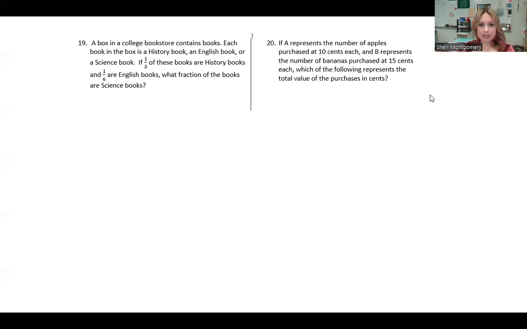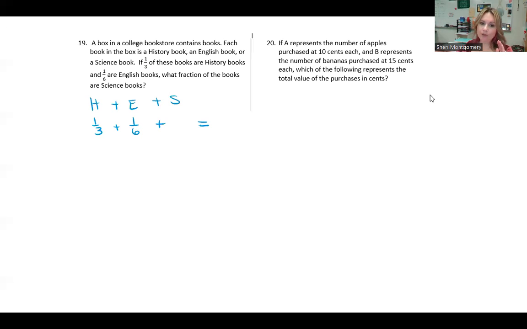So it says that we've got history books, we've got English books, we have science books. It says that 1/3 are history, and then 1/6 are English plus some amount of science books. That's going to give you all of the books. Well, we're adding fractions. What do you have to have when you add fractions?